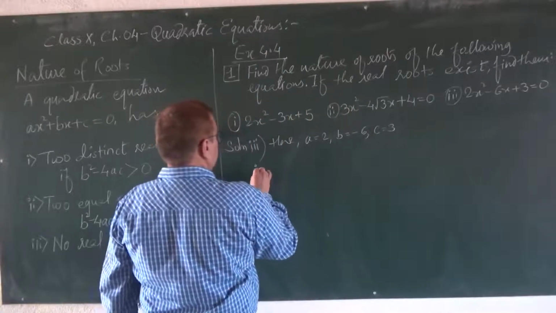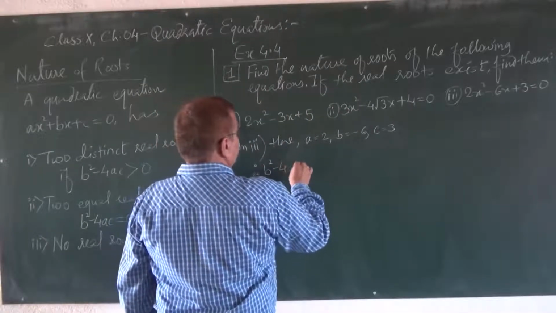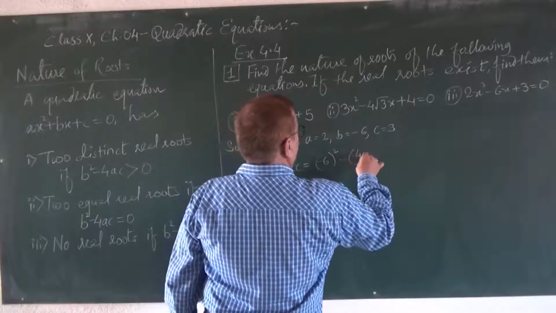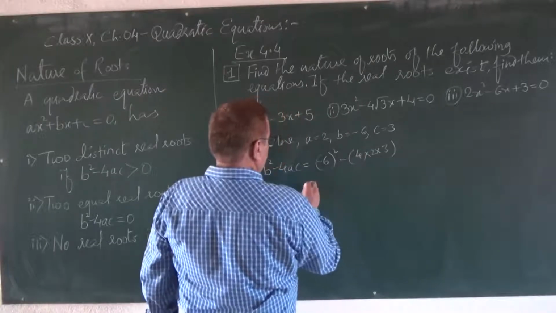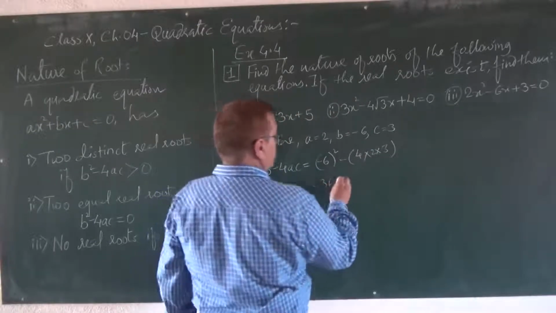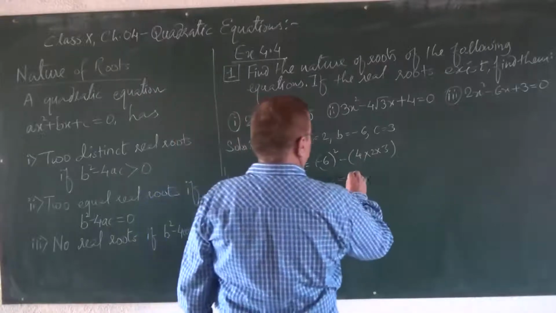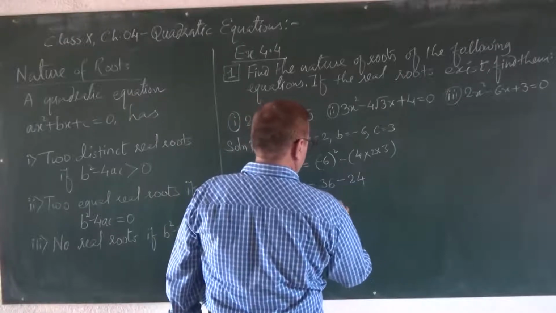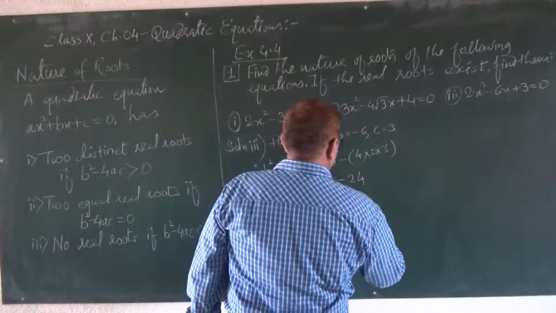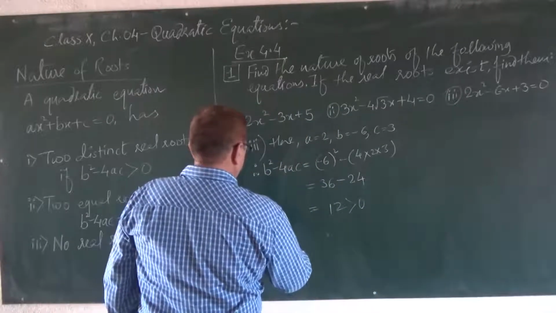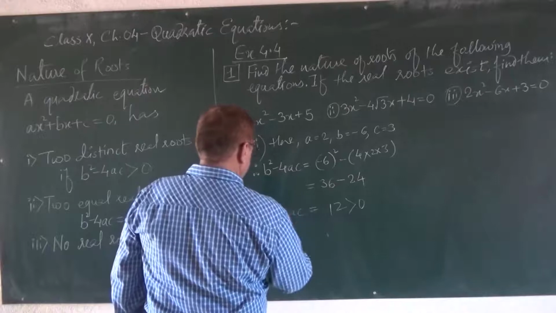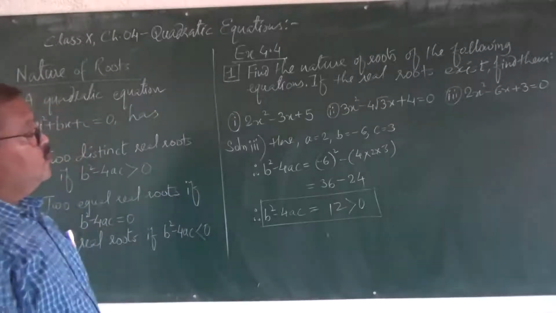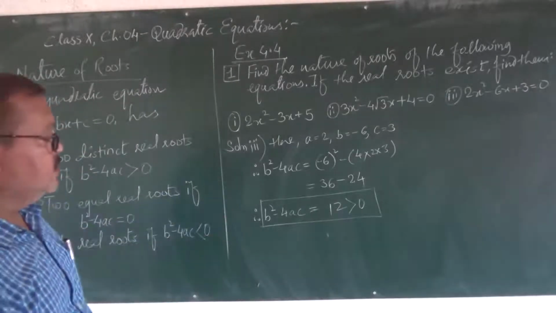Therefore b square minus 4ac is minus 6 square minus 4 into 2 into 3. So minus 6 square is 36, 4 2s are 8, 8 3s are 24. So 36 minus 24 is 12, which is greater than 0. Therefore b square minus 4ac is greater than 0.